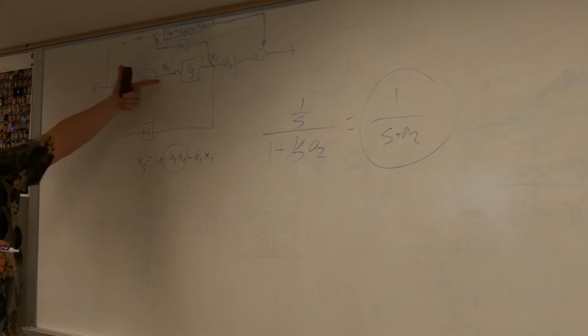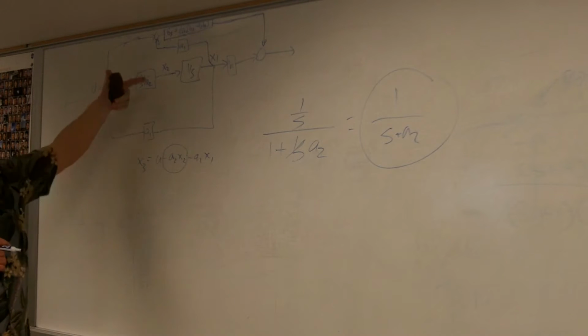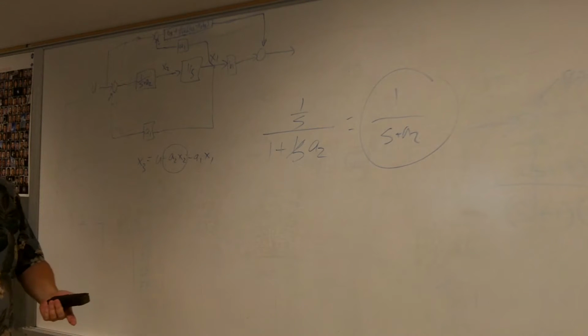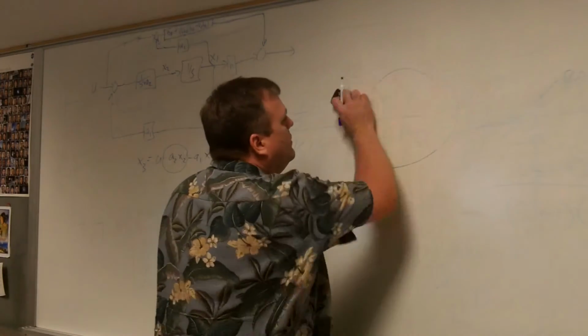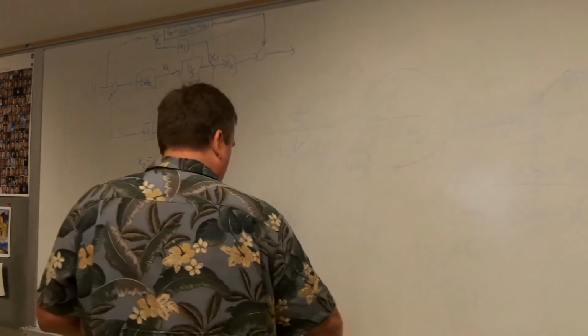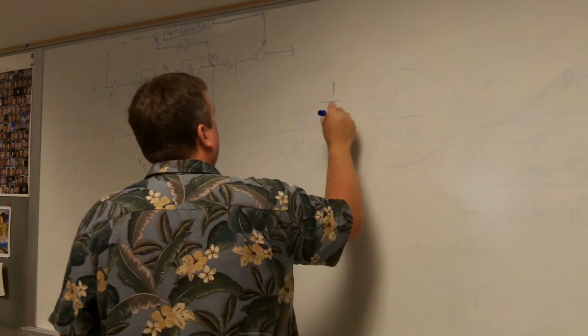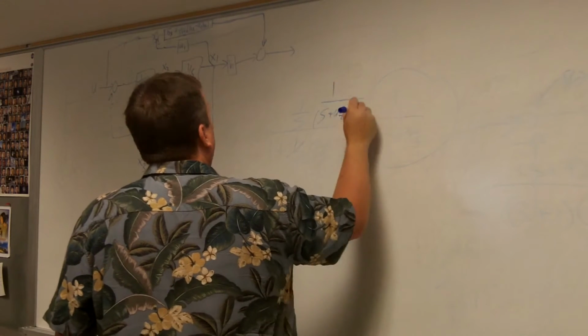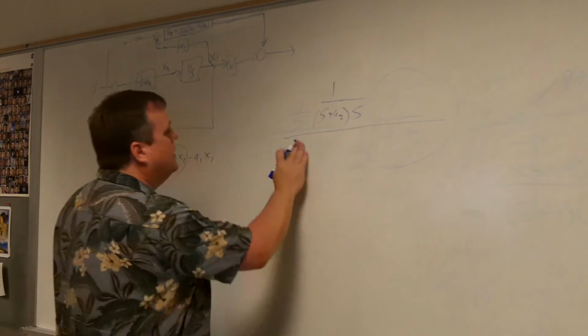So what that means is this block is the equivalent of top line over 1 plus top times bottom. So I can reduce again. My top line is 1 over s plus a2 times a 1 over s. That's the top.